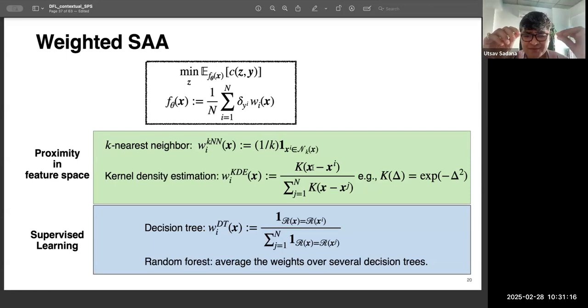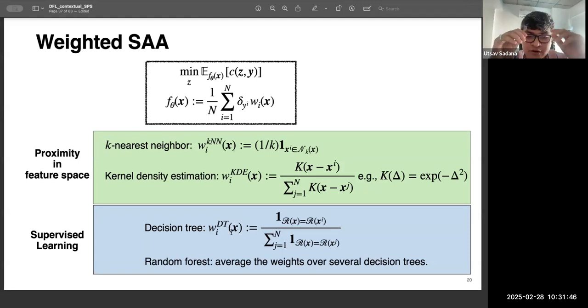Now, what you do is you look at your data set and you check which of the data points in your data set have covariates in the same leaf as your new covariate x. You drop all the other covariates, all the other data points, and you put a uniform distribution on these covariates which are in the same leaf as your x.